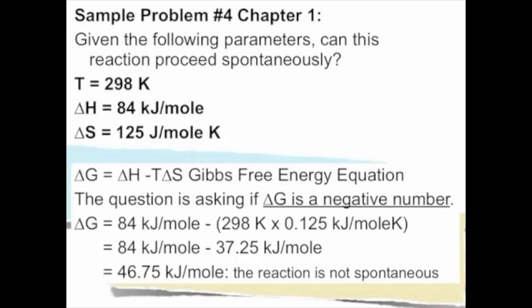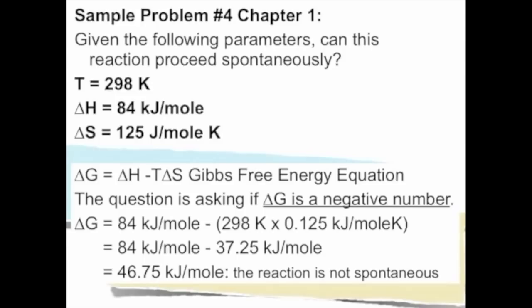So we're going to plug these numbers in. 84 kilojoules per mole minus 298 degrees Kelvin times, now we have to make sure that we do the conversion, times 0.125 kilojoules per mole Kelvin. Did you catch that?